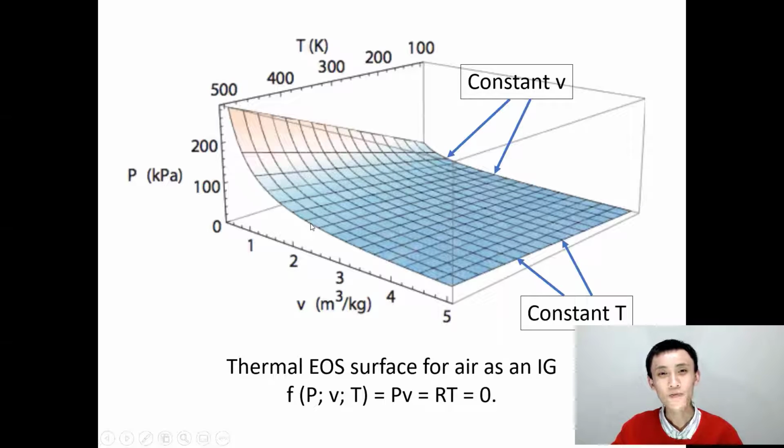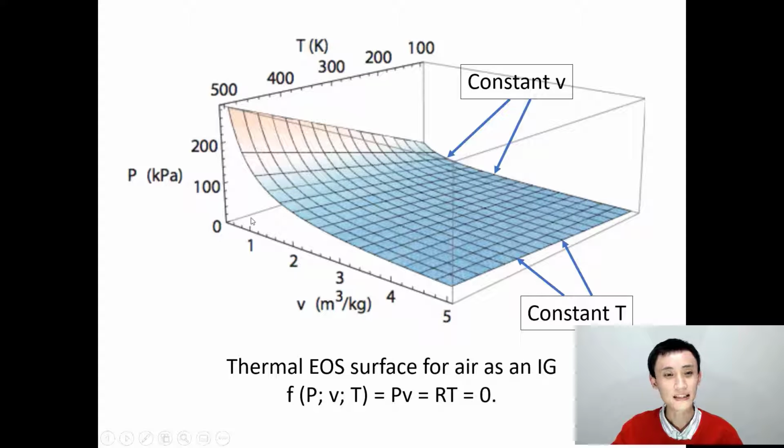So for example, for thermal EOS, if the function is Pv = RT for an ideal gas law, then the contour will look like this. The x-axis is specific volume, the y-axis is pressure in kilopascal, and the z-axis is temperature.